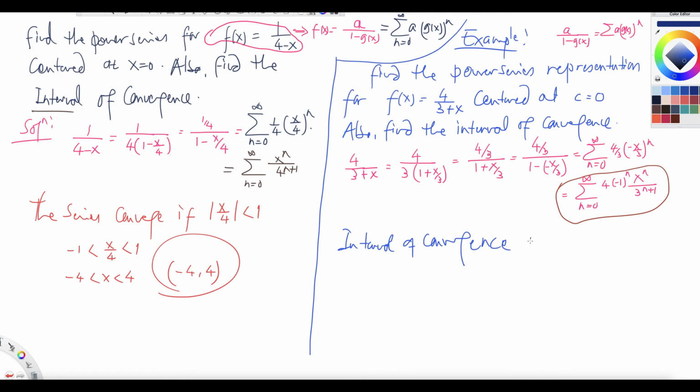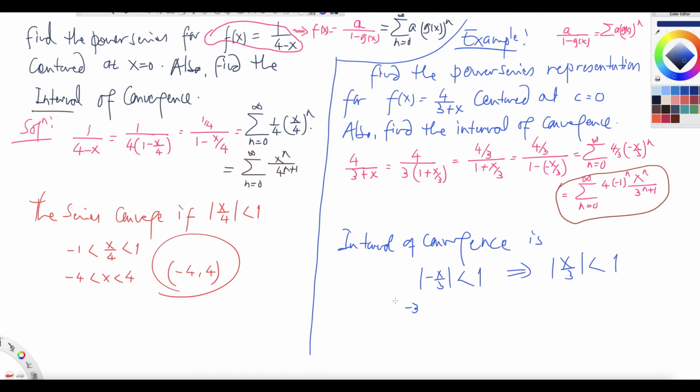How do you do that? The absolute value of negative x over 3 is less than 1, right? Because there is an absolute value, you can write negative x over 3 or positive x over 3, it is the same thing, right?